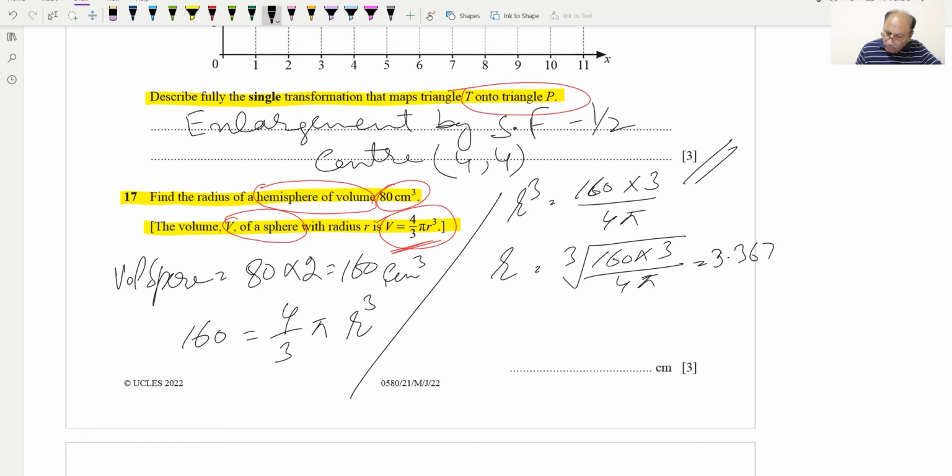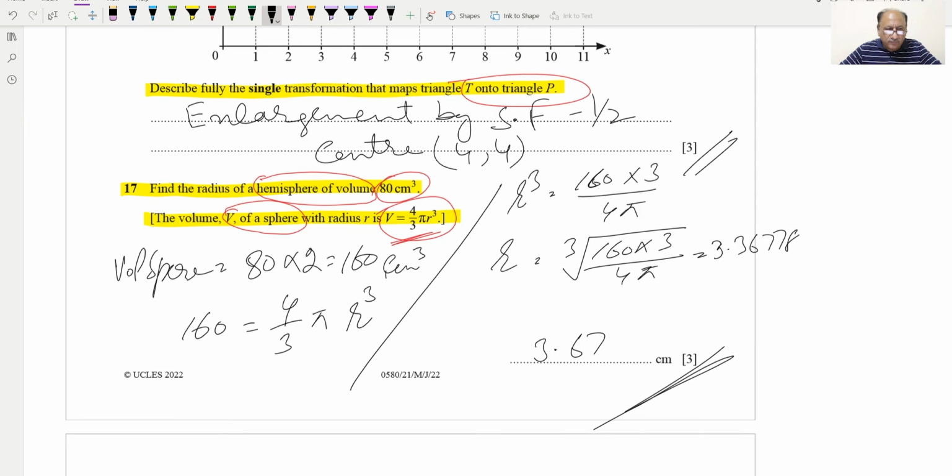We can round it to 3.67 centimeters, and this is a 3-mark question which we have done.